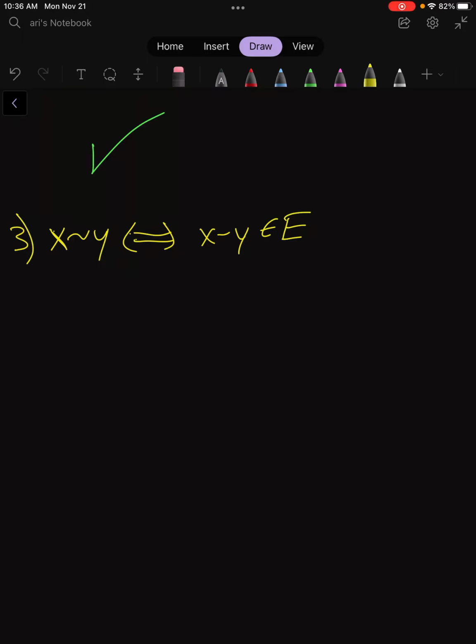So x tilde y means that the difference between x and y is even. To show that it's an equivalence relation, what is the first step? We have to say that it's reflexive. Reflexive, which is x tilde x, means that x minus x is even.